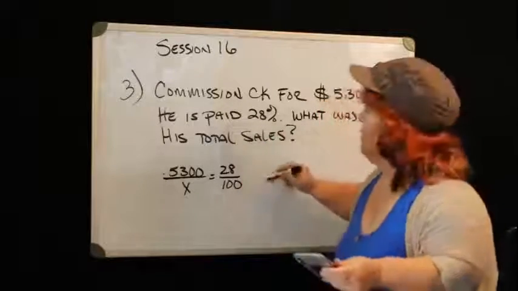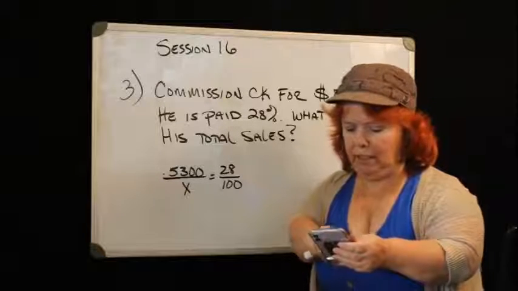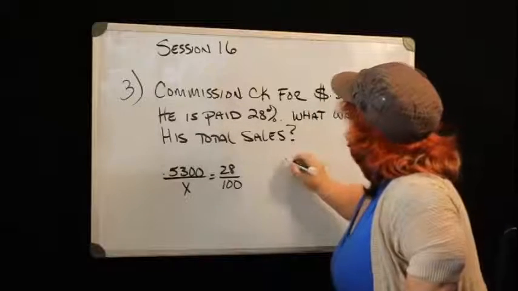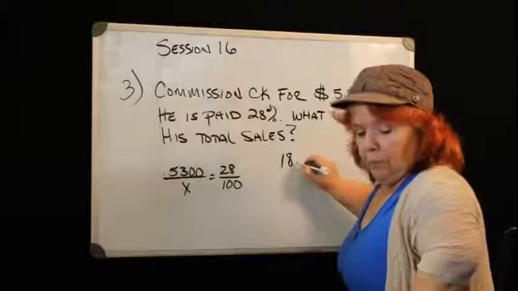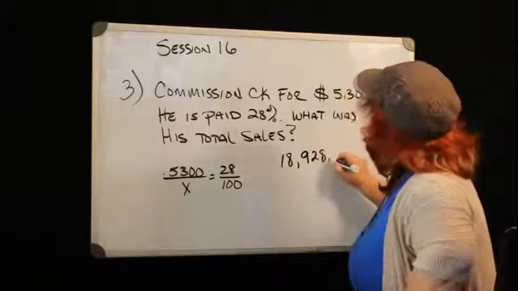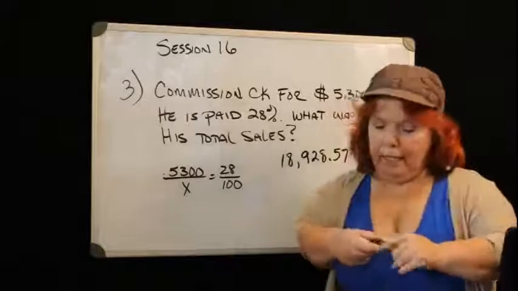And then divide by the 28. Divide by 28 equals. So, I get a number like this: 18,928.5714.